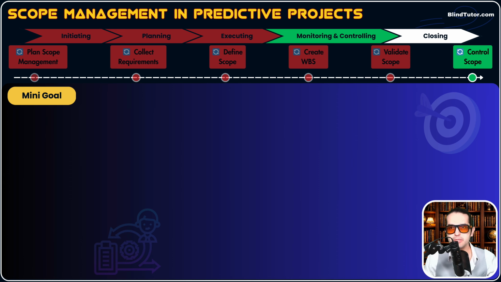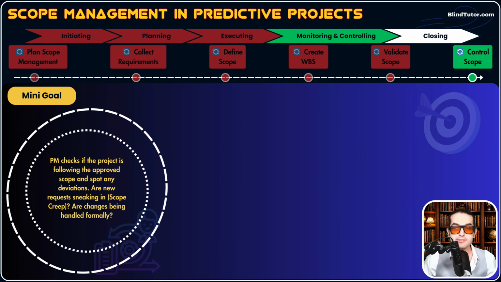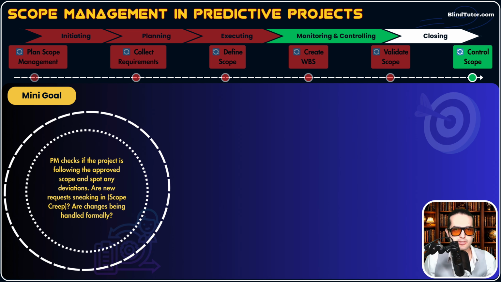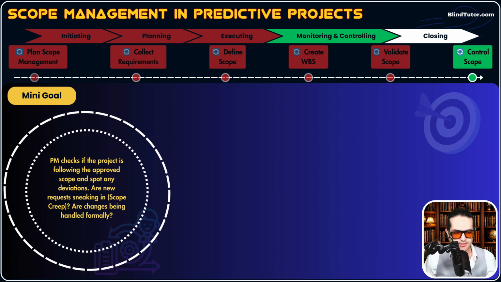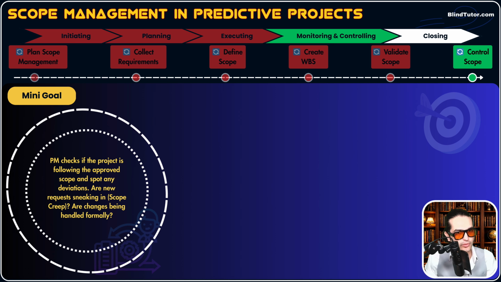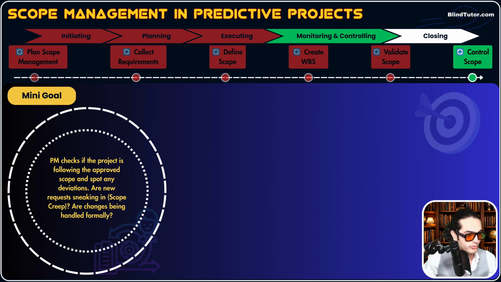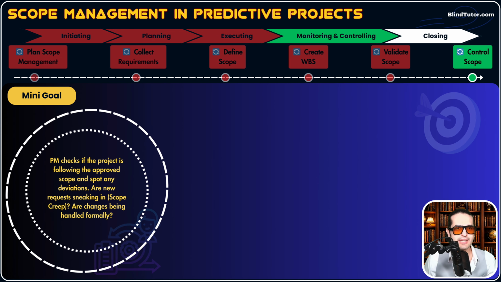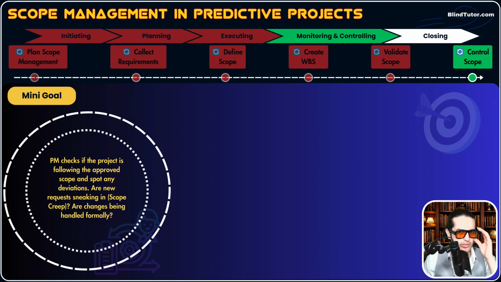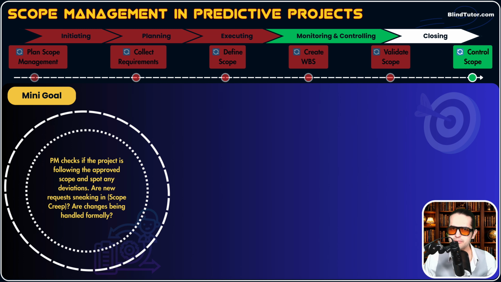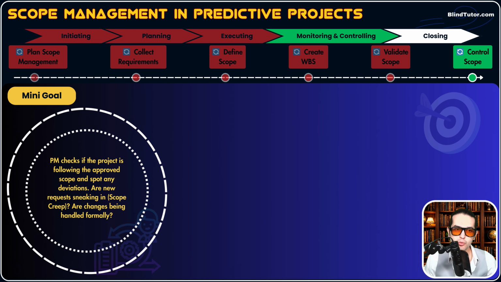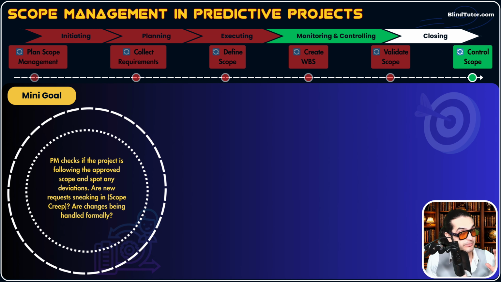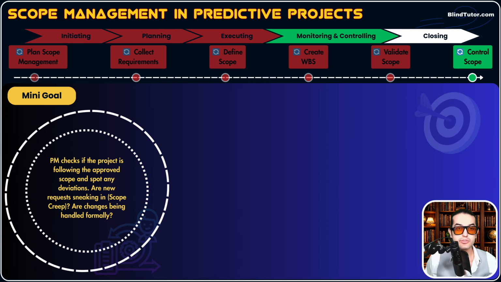So you as a PM, you check if the project is following the approved scope, and you spot all the deviations, all these differences. Okay, you zoom in and find these deviations and then take action. You always ask the question, hey, is the team executing and doing the work that was planned and approved, or are there some unauthorized works?